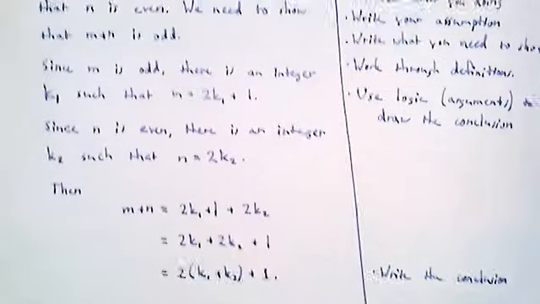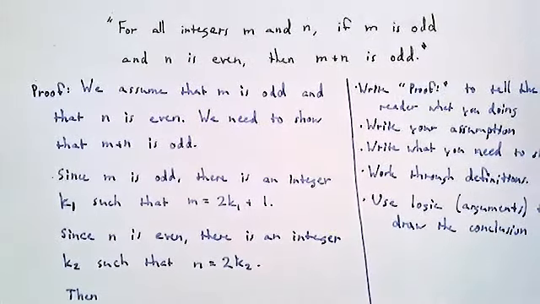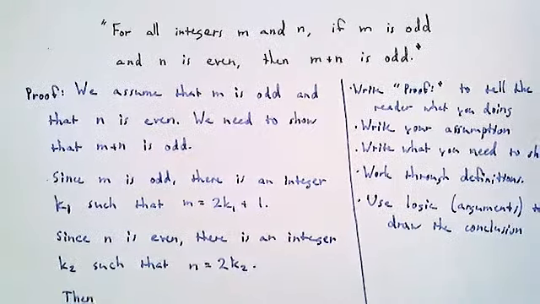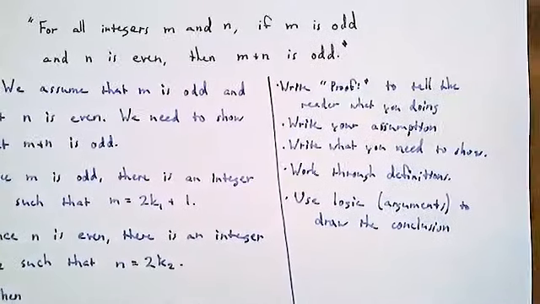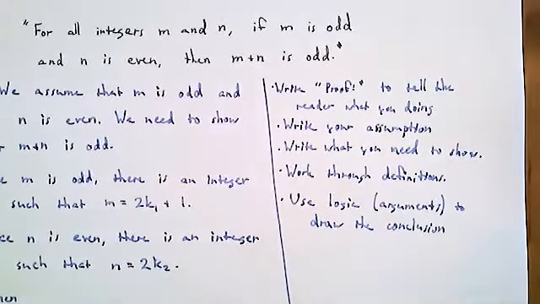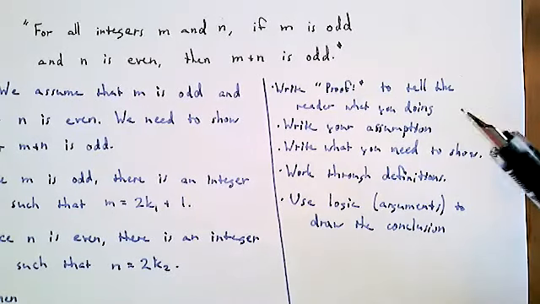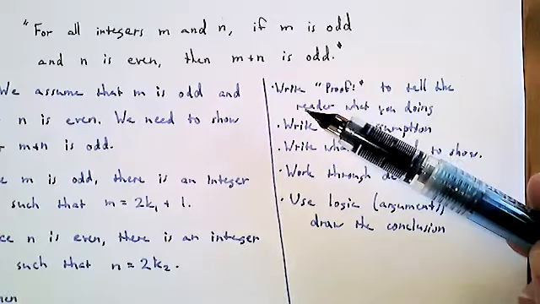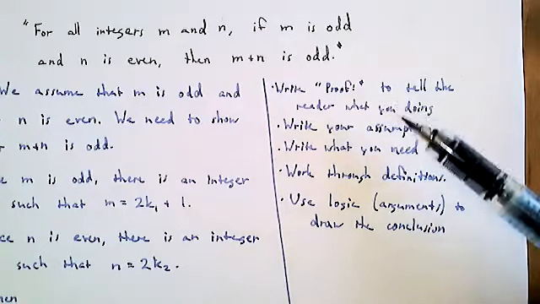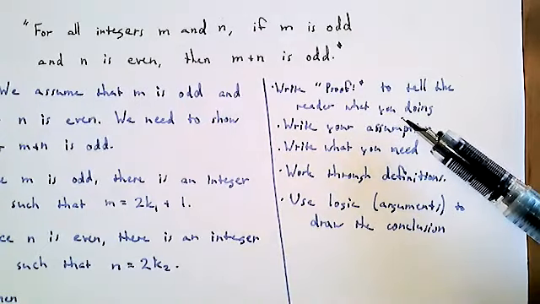And then we actually constructed our proof. I don't want to go over the proof that we wrote too much. What I want to focus on is the format of writing a proof, because we're going to write another proof in just a second. So the general format was you want to write something like the word proof to let the reader know that you're about to prove something.